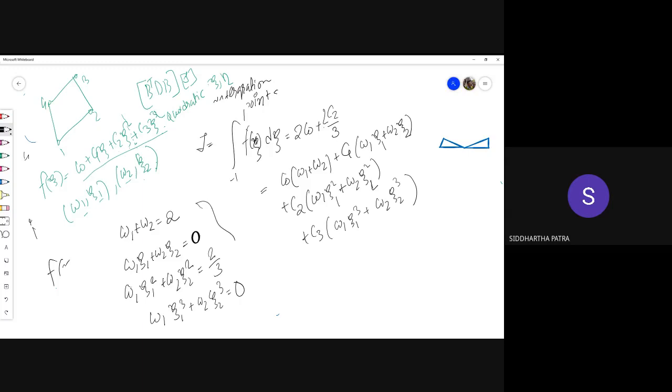So we have these 4 equations from which we determine the 4 quantities w1, xi1, w2 and xi2.